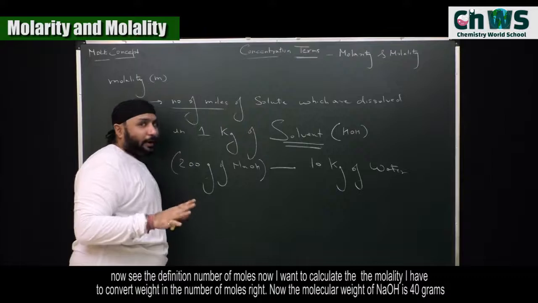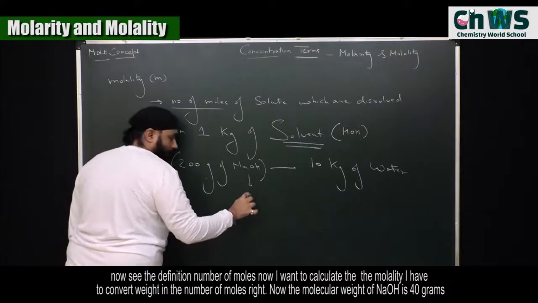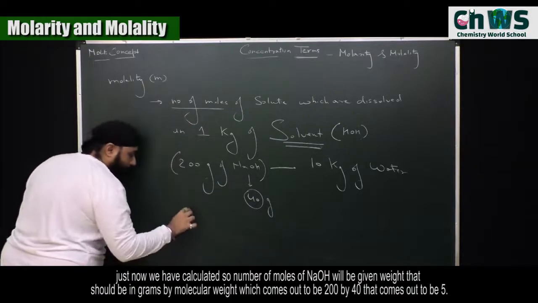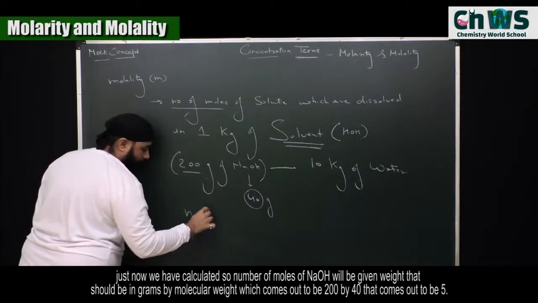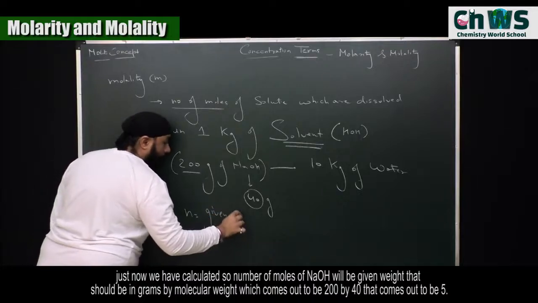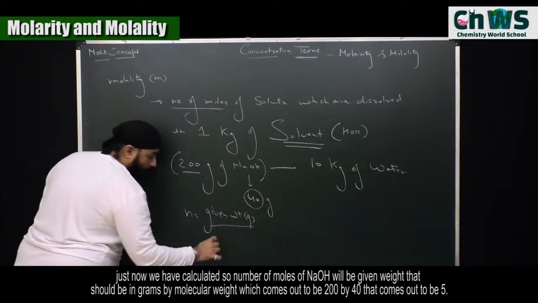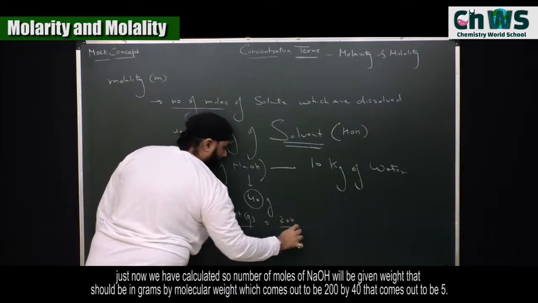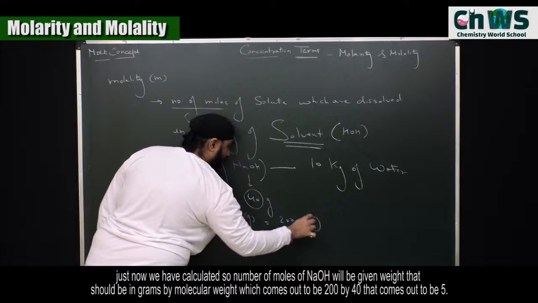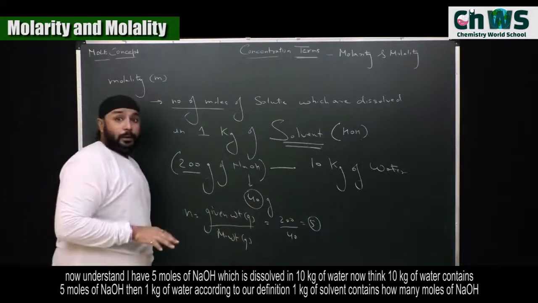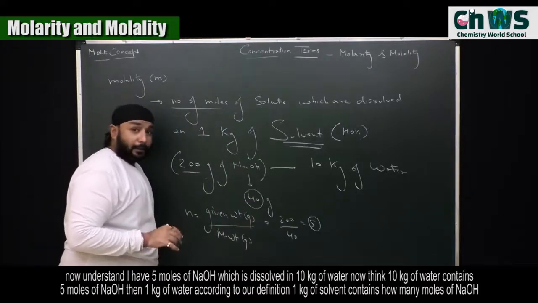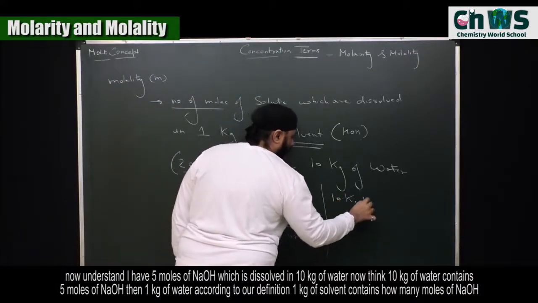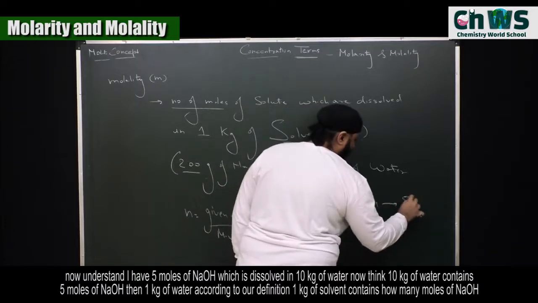The molecular weight of NaOH is 40 grams, as we just calculated. So the number of moles of NaOH will be given weight in grams divided by molecular weight in grams. That comes out to be 200 by 40, which is 5. Now I have 5 moles of NaOH dissolved in 10 kg of water. Now think, 10 kg of water contains 5 moles of NaOH.